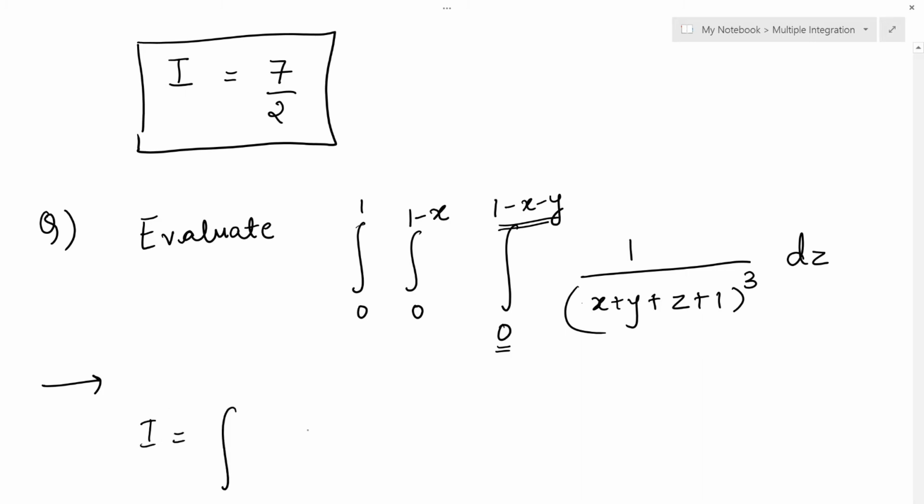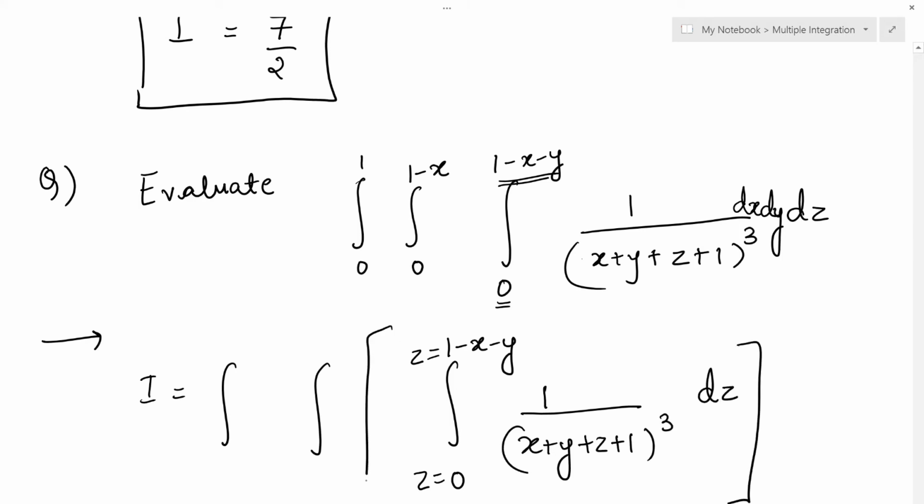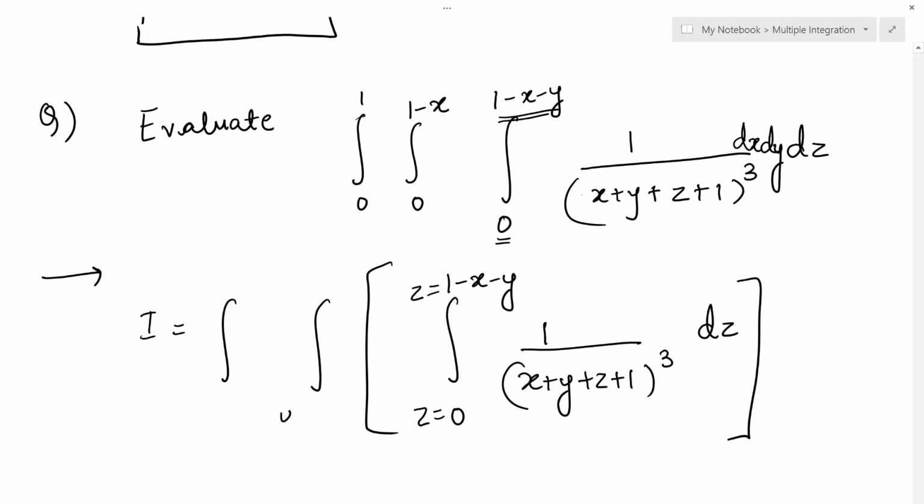That means those limits are for z. So you'll write the innermost limits in terms of z. Next, it is for y. And last, it is for x.